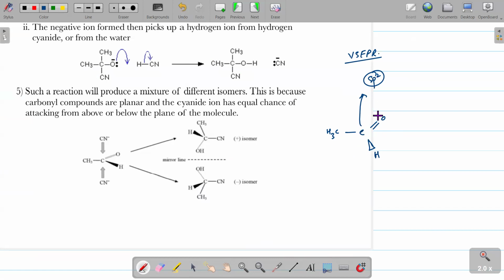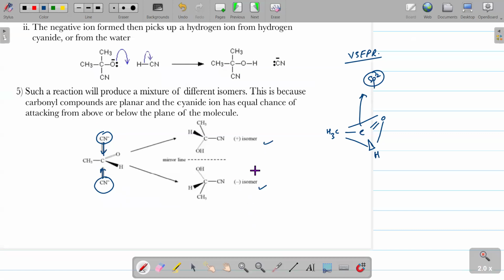It means it has a triangular planar structure. Now, the cyanide group can attack from both sides of this planar structure, either from this side or from this side. Both sides are free. So the cyanide group can attack from any side. That can give us two optical isomers.